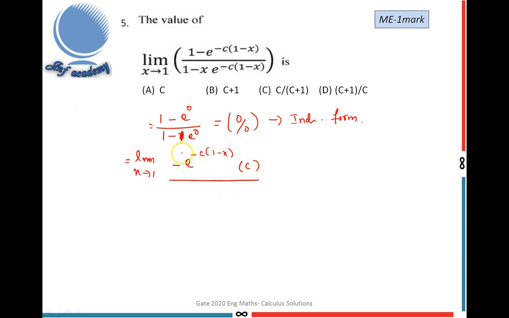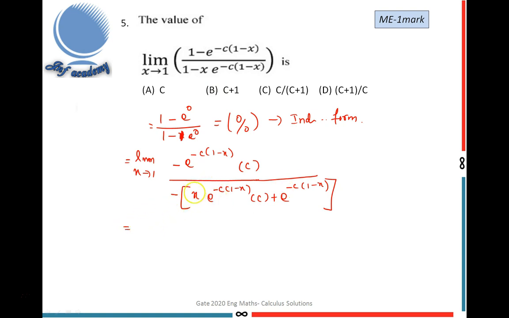In the denominator, the derivative of x into e power minus c(1 minus x): minus is common, use the uv method, x u dv, where dv is e power minus c(1 minus x) into c, plus v du, where v is e power minus c(1 minus x) and du is 1. So in this case the denominator is this one.